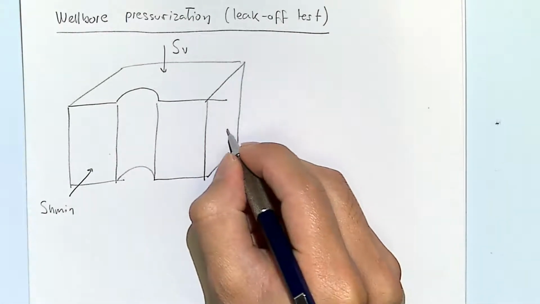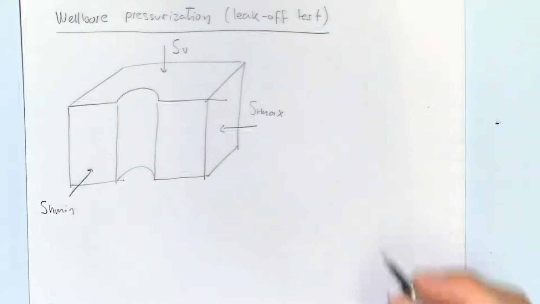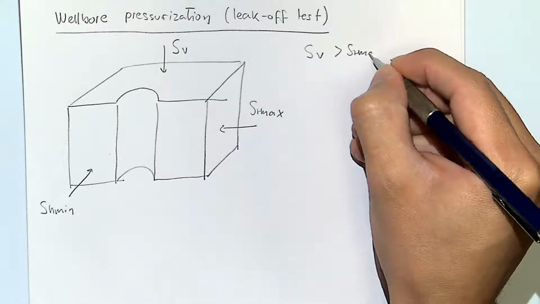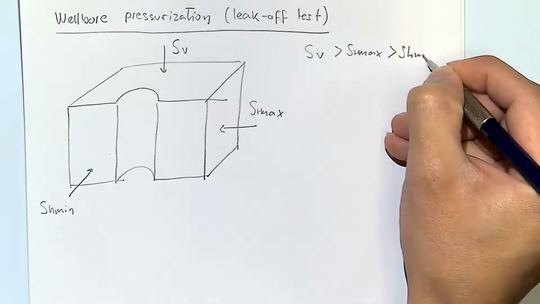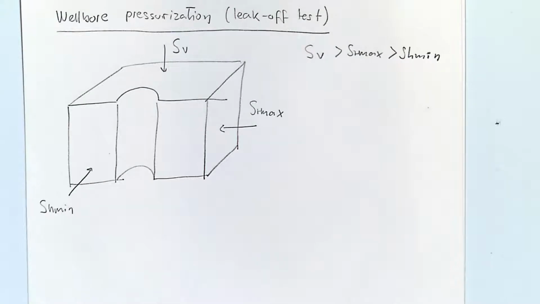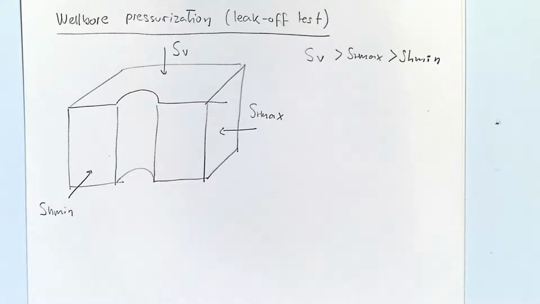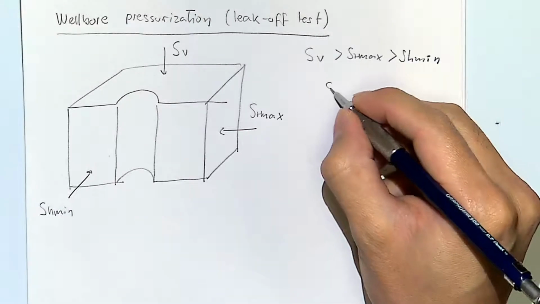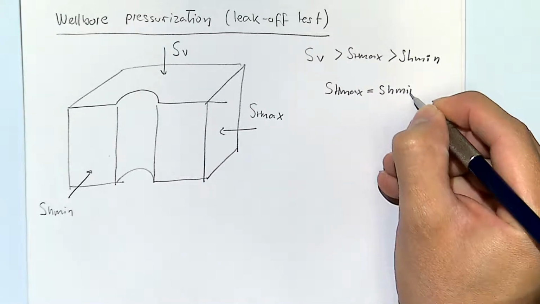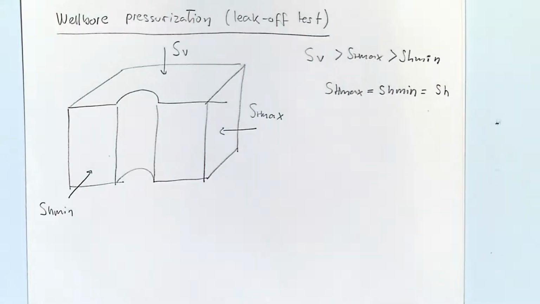I'm just drawing half of the wellbore, and I know that SV is higher than SH max, it's higher than SH min. My hand is a little bit cold, I can't write, but this is what we have seen so far. I'm going to do one more simplification here. I'm going to say that SH max is going to be equal to SH min, and I'm just going to call it SH, just to make things a little bit simpler.